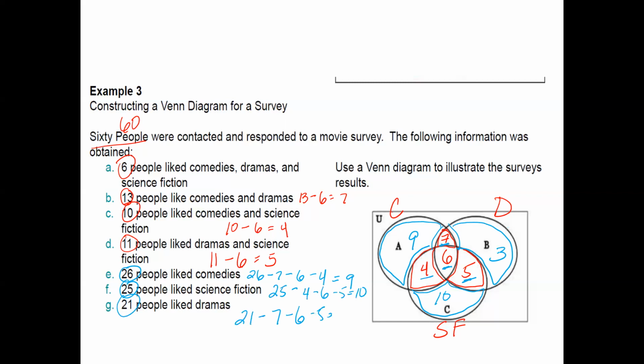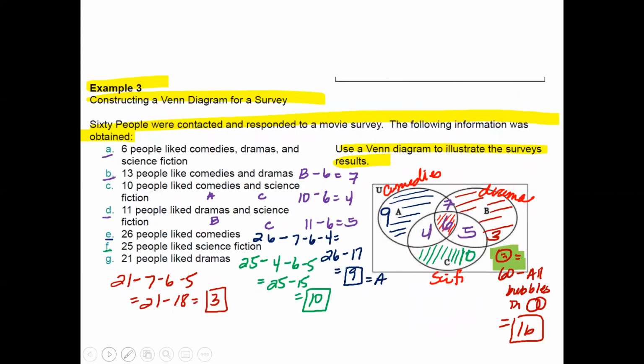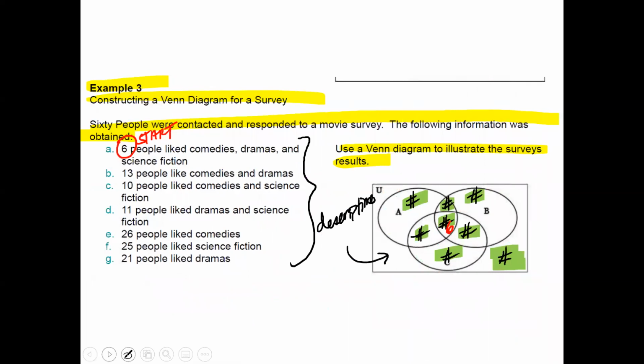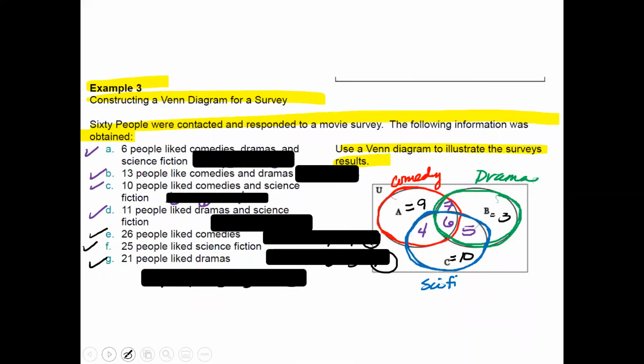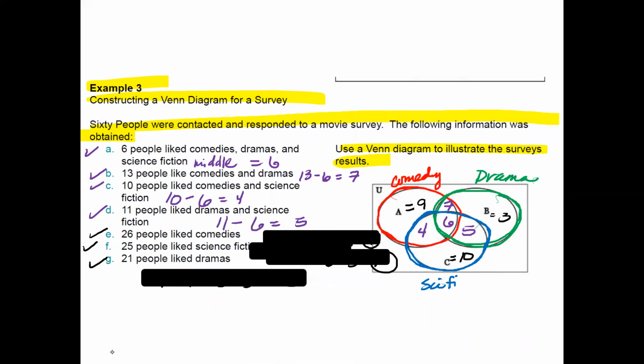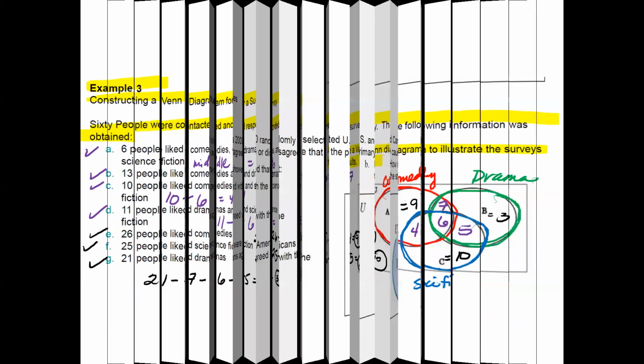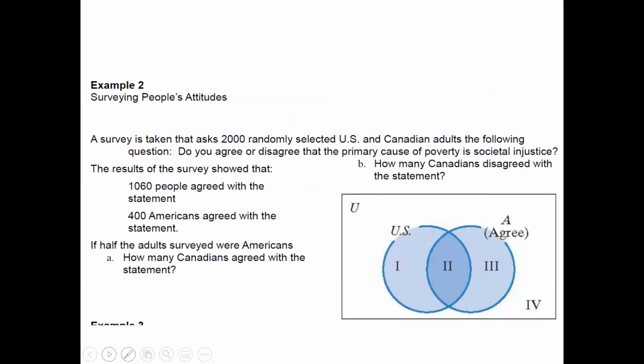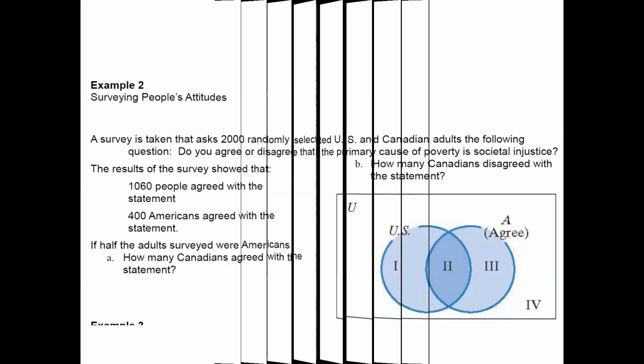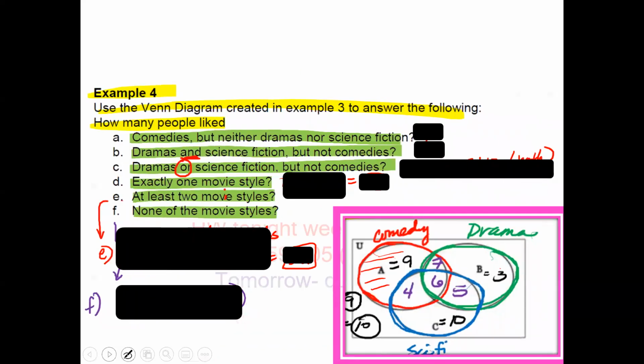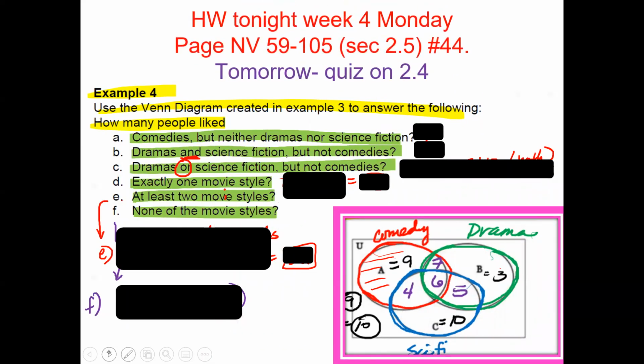Now my three overlapping circle of my Venn diagram is completed. Okay, so now that I went ahead and completed my Venn diagram, I can now proceed forward with answering the questions.